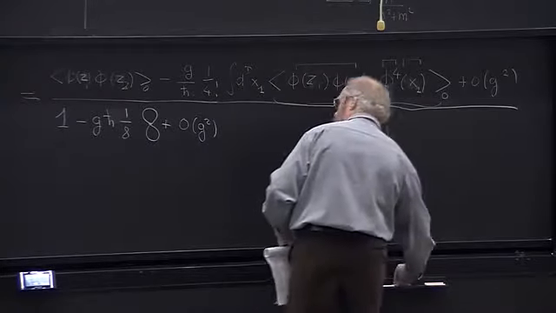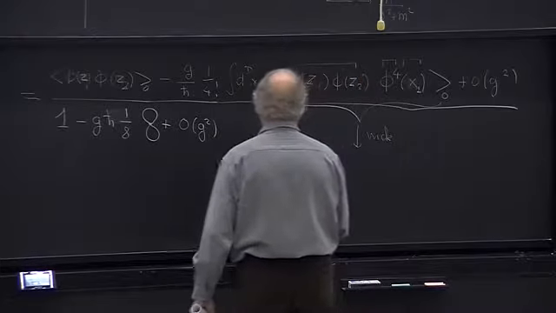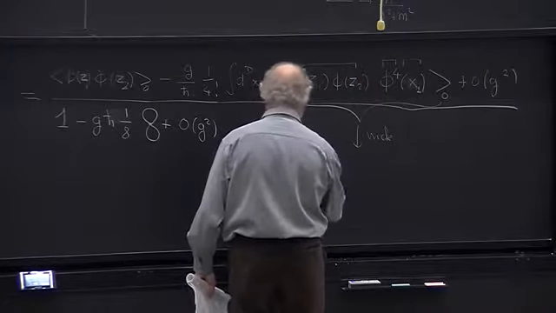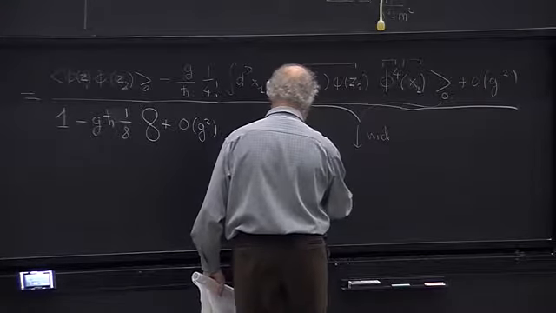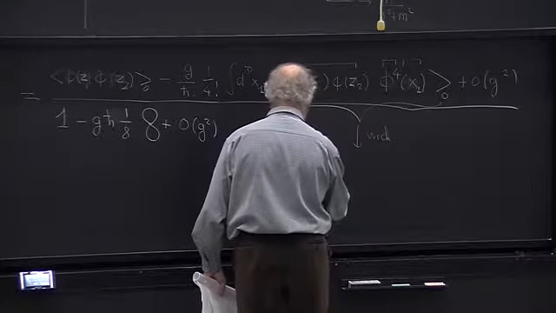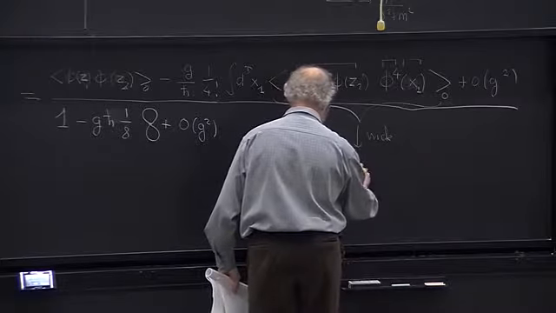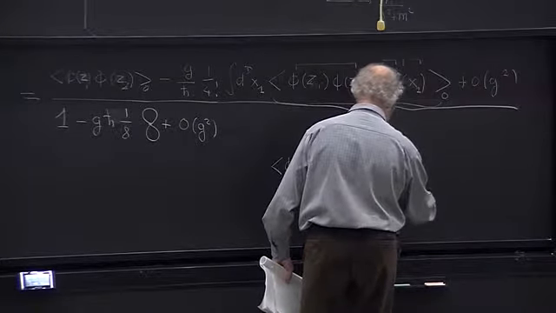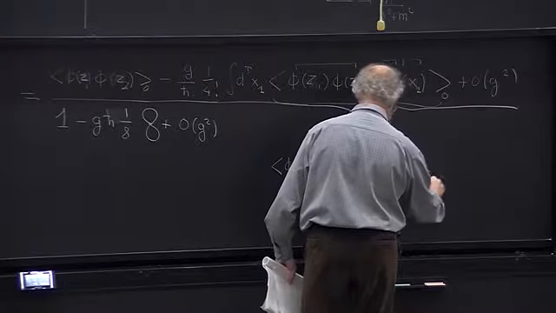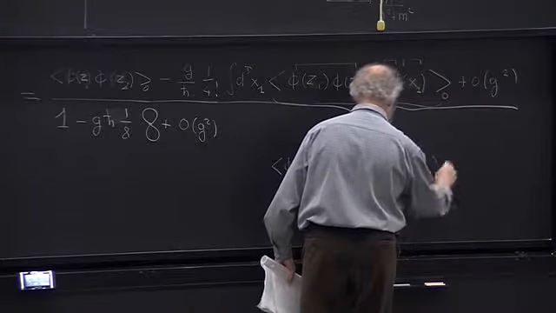So this is going to be phi of z1, phi of z2, 0 times phi of x1 squared, 0 squared.